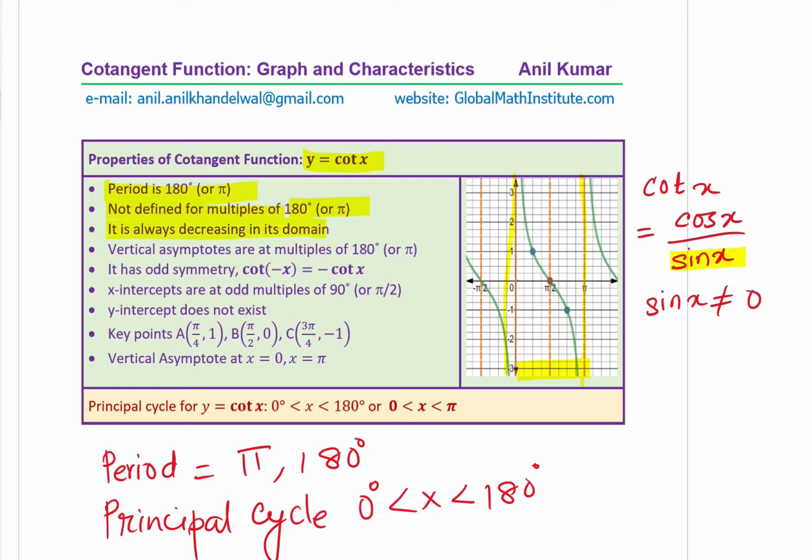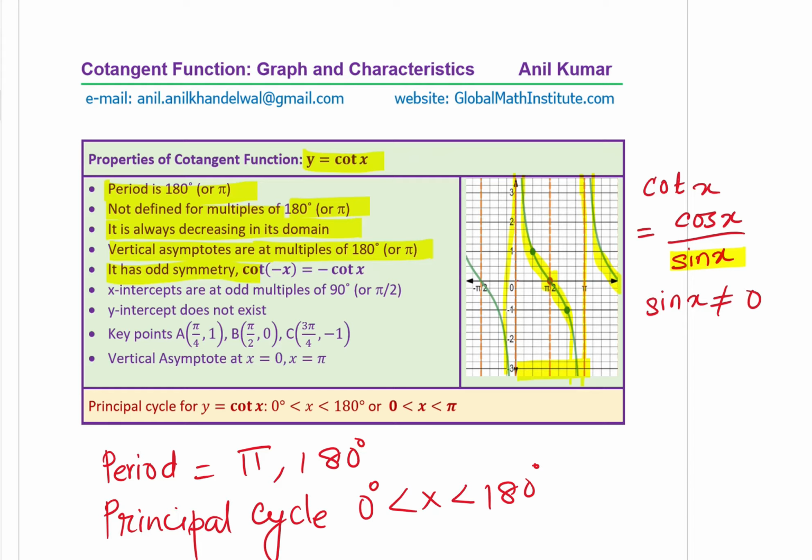The function is always decreasing in its domain. So check each cycle, right? So in each cycle, it is a function which is decreasing from plus infinity to minus infinity. It goes through 0 at pi by 2, right? So the vertical asymptotes are at the multiples of pi or 180 degrees.